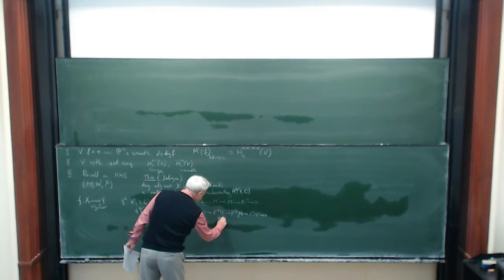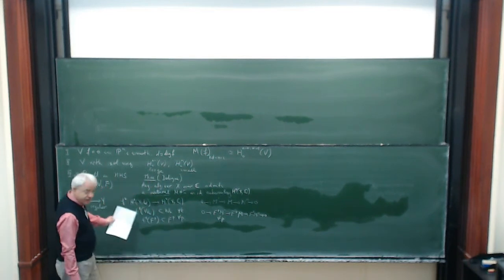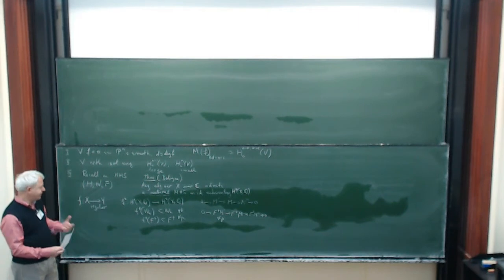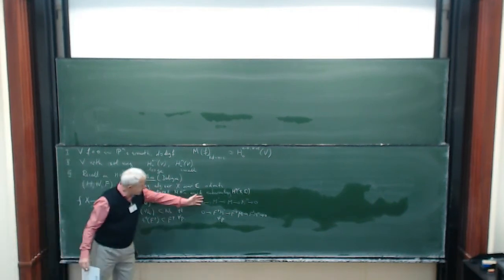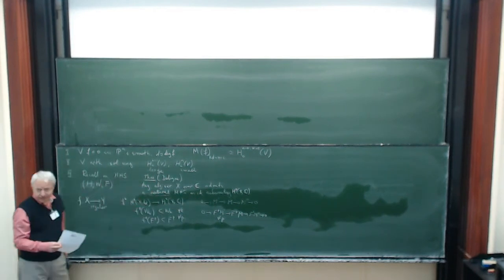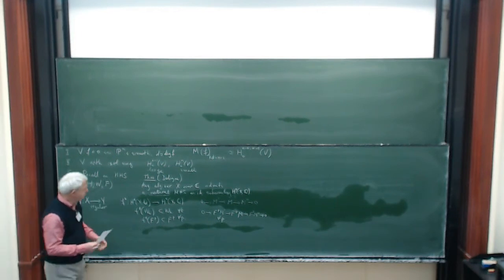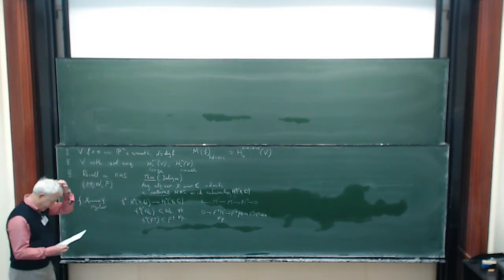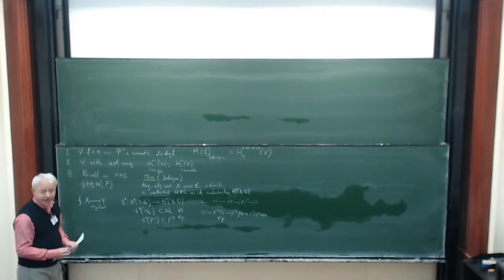So this is for any p, and here is for any k and any p. And the same for the weight filtration. And so the advantage of having such a structure is that as soon as we have some exact sequence, we get a lot more exact sequences by putting the filtrations to play a role. So this is why, in my opinion, these objects are quite important. Okay, any questions still here?